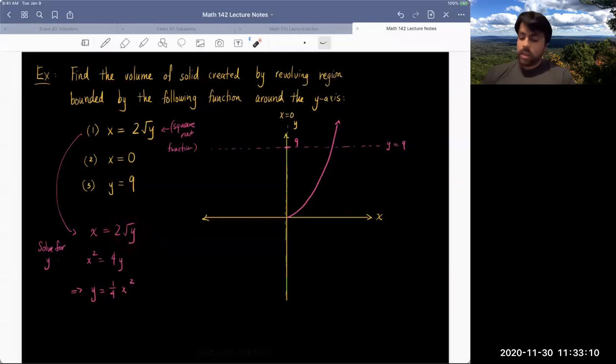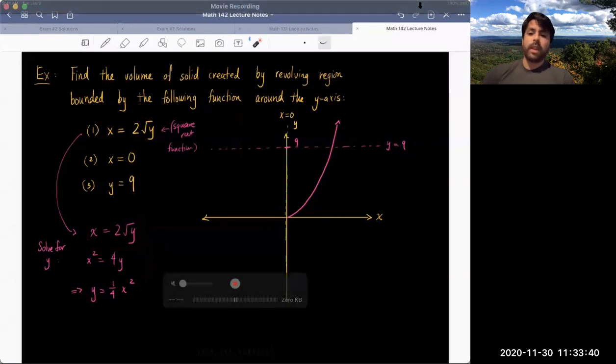Do you see that this graph here represents the whole parabola, but the original equation is only talking about the positive side? So I only care about this portion here. I do not care about the other portion. Do you see that? So you just have to be careful with this, guys.